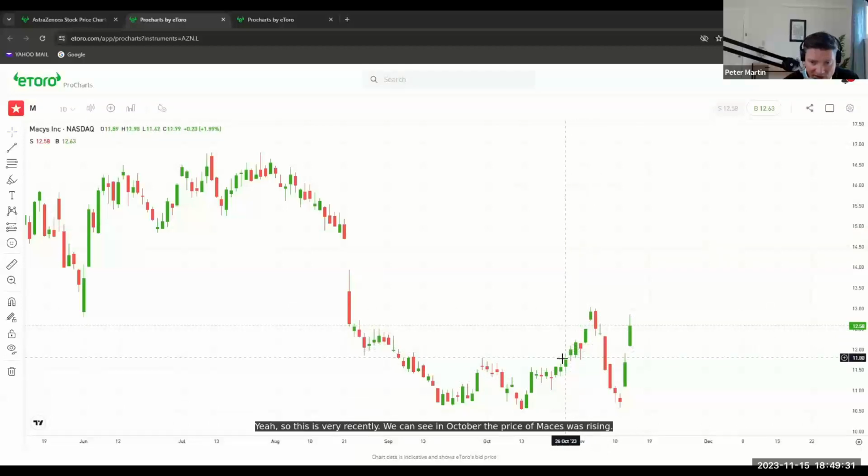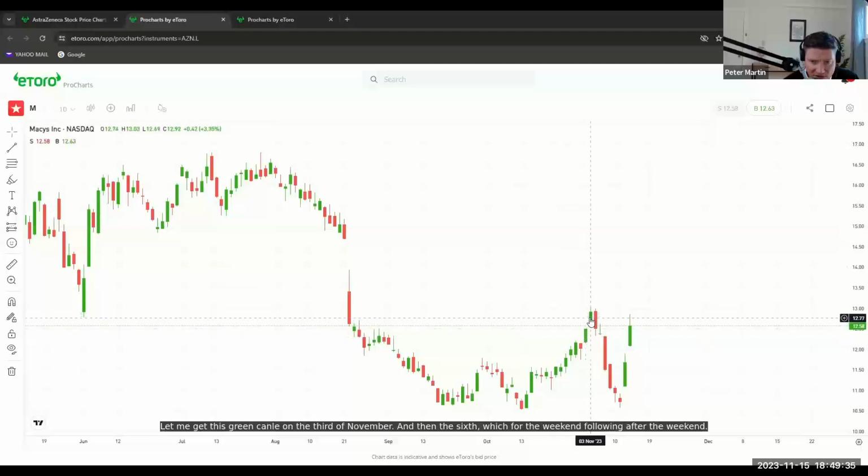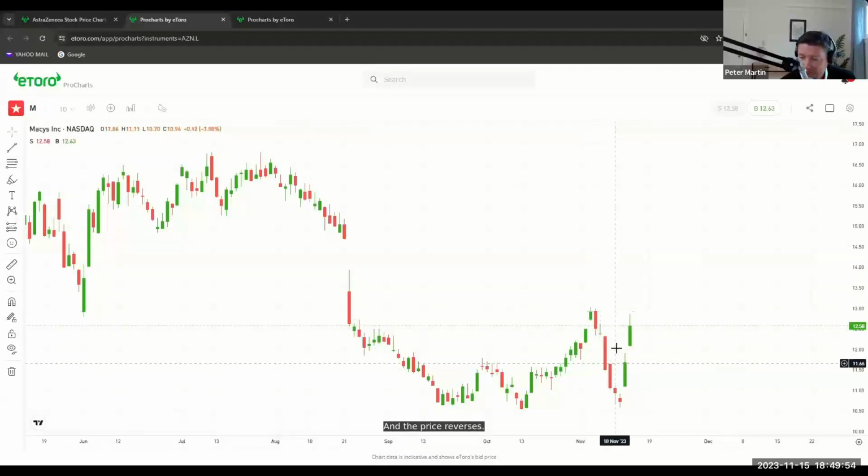We can see in October the price of Macy's was rising. We get this green candle on the 3rd of November, and then on the 6th, after the weekend, the whole of that green candle is engulfed by the red candle that follows it. So it's a bearish engulfing, and the price reverses.